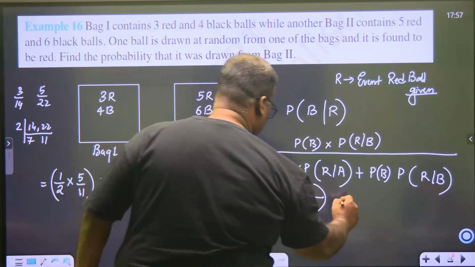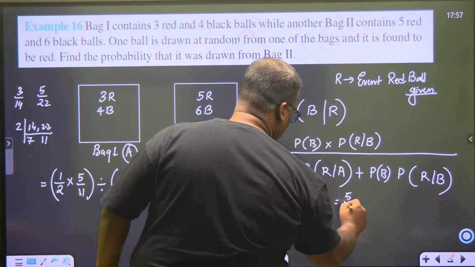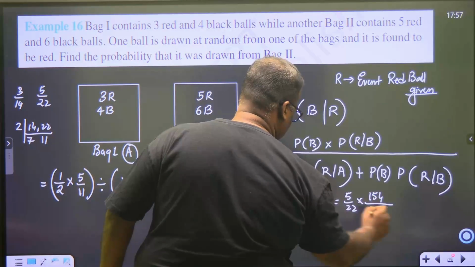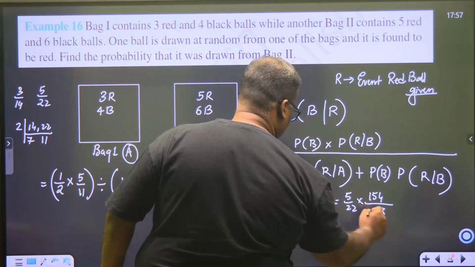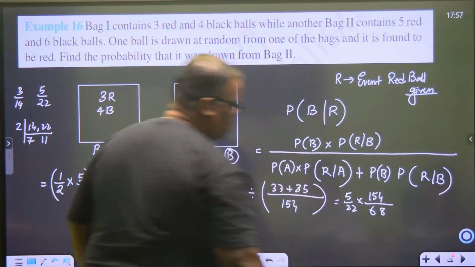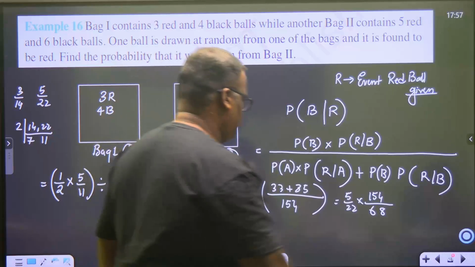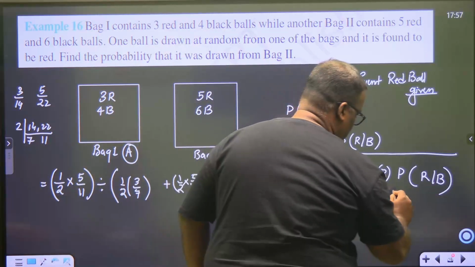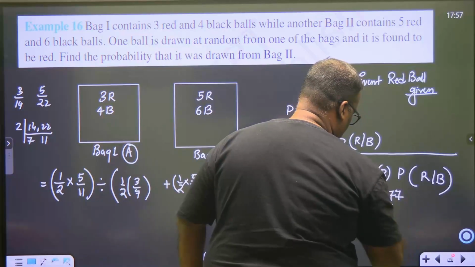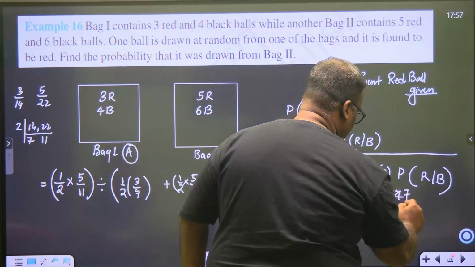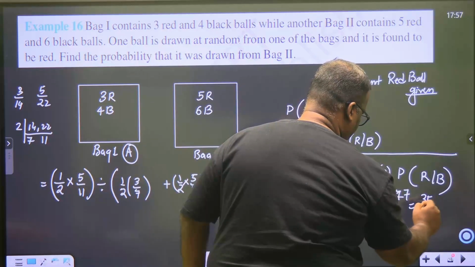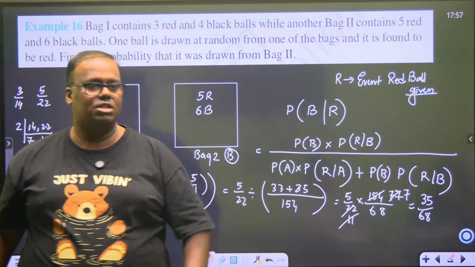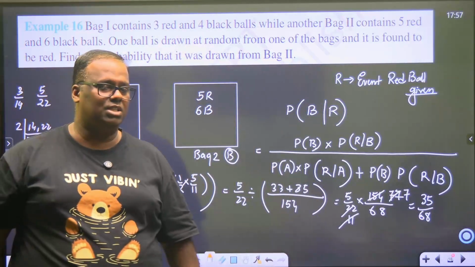So your problem becomes 5 by 22 multiplied by 154 over 3 plus 5 is 8 and 3 plus 3 is 6. Everyone can do this. And 2 11s are 22, 2 7s are 14, 11 7s are 77, 7 5s are 35, so 35 by 68. Just check on the example. After Bayes theorem, there will be one example. This example should be there.